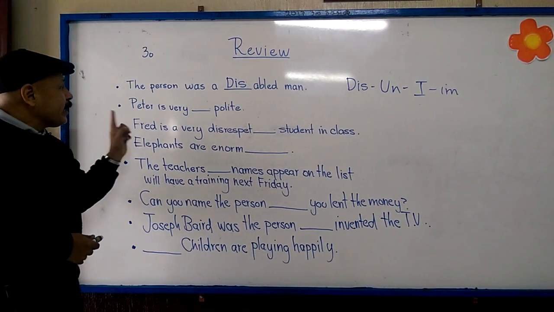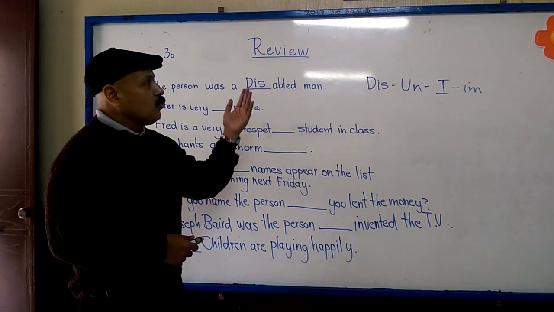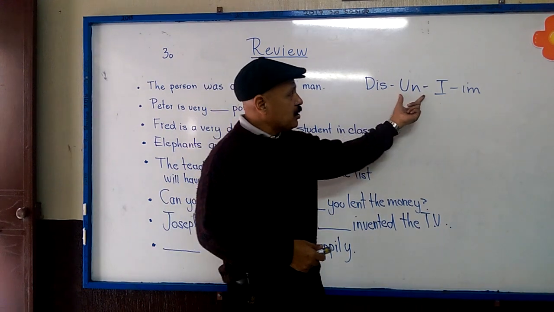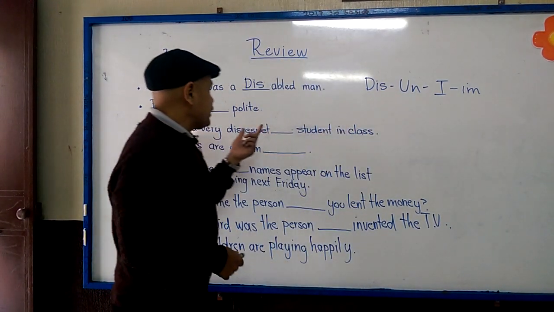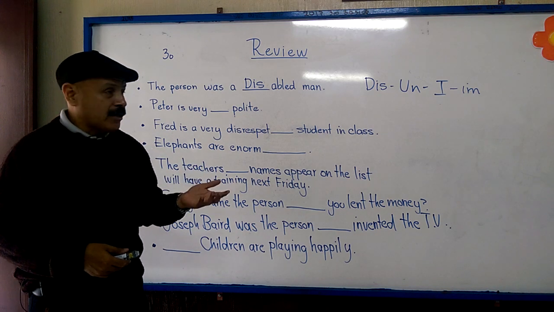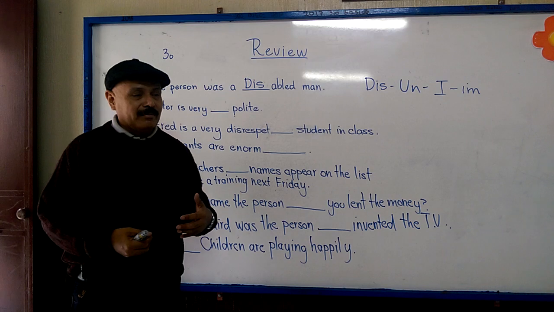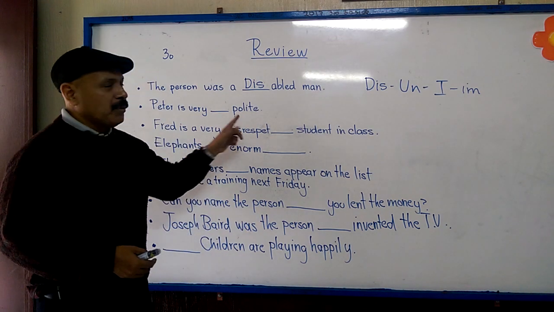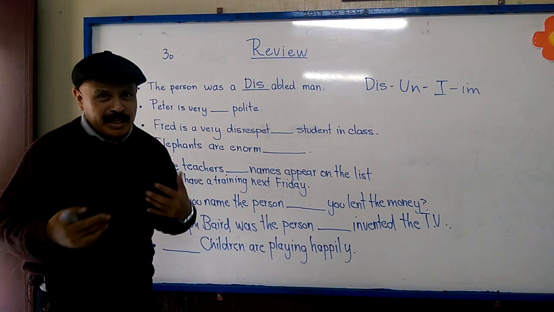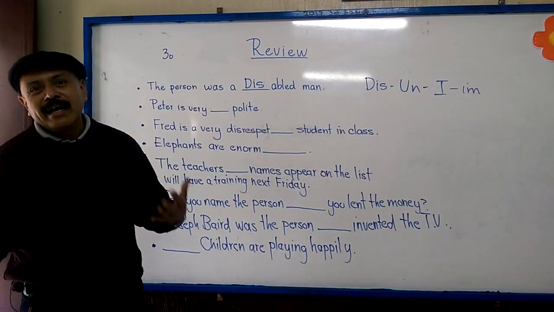So, the next one is Peter. Peter is very, the same thing. You have to choose one of these options to complete this word. Impolite is the answer. Polite es una persona amable, una persona buena, a nice person. It's a polite person, someone who's generous, someone who is very attentive, someone who is very kind with someone else.